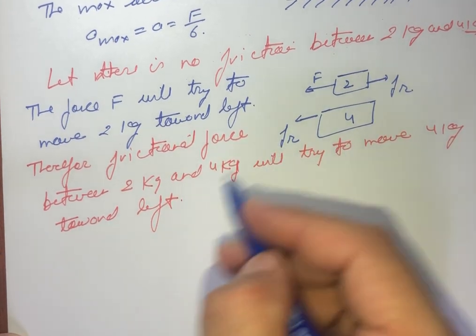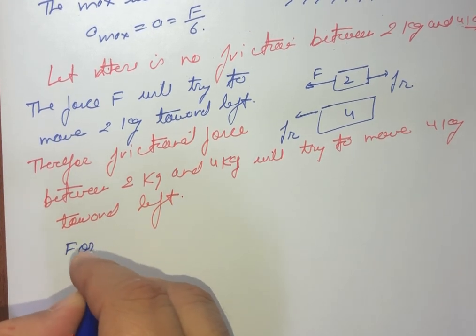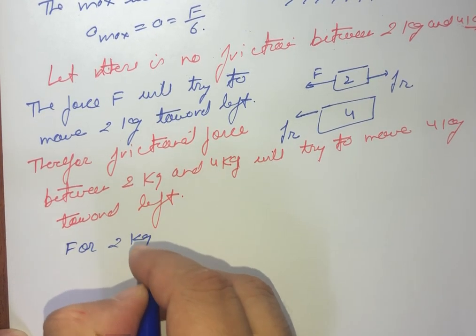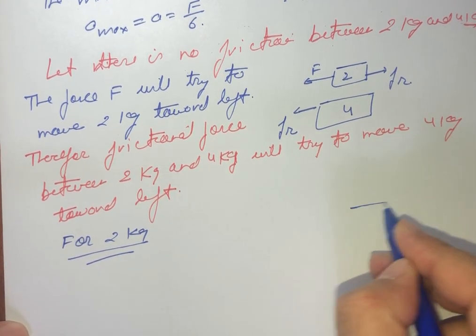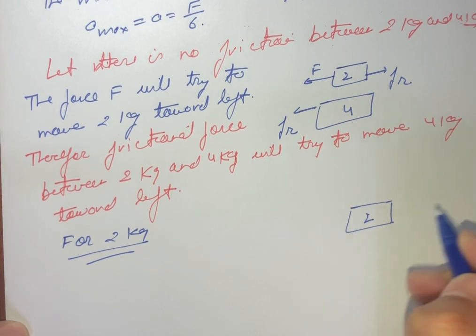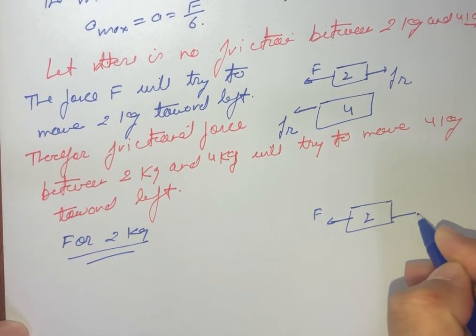Now let us draw the free body diagram for 2 kg. We have a force F. We have our Fr.